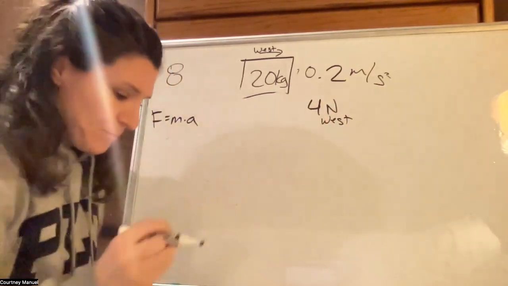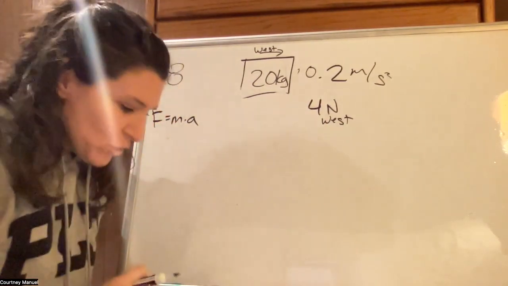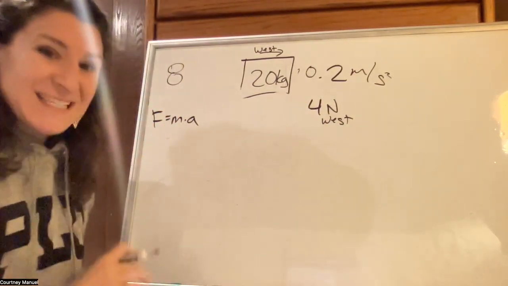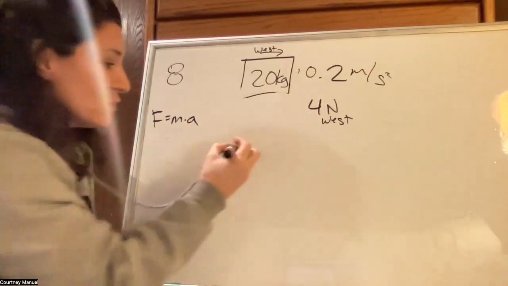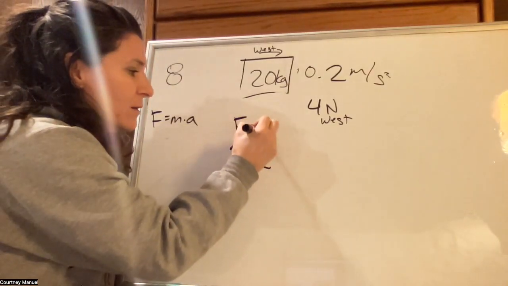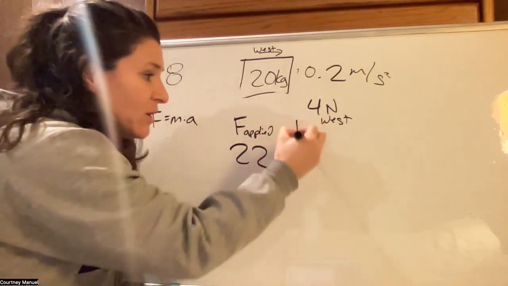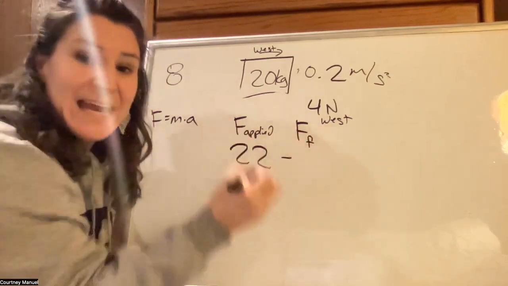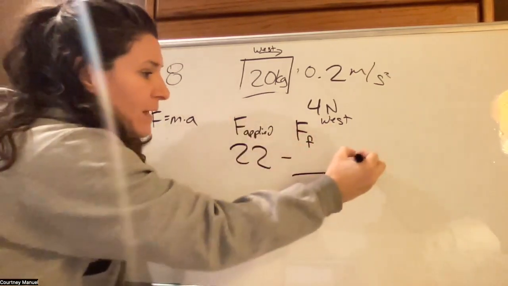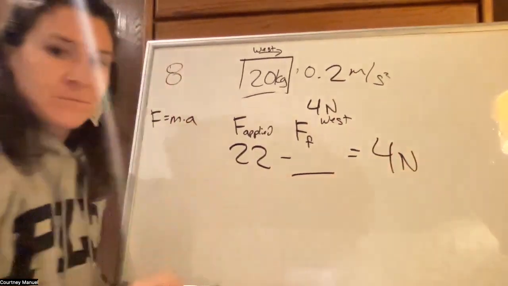That's what's happening. Okay. But what it said was that it took 22 newtons to make that happen. So somebody had 22 newtons of the force applied. Subtract an unknown kinetic friction is equal to 4 newtons. Okay.